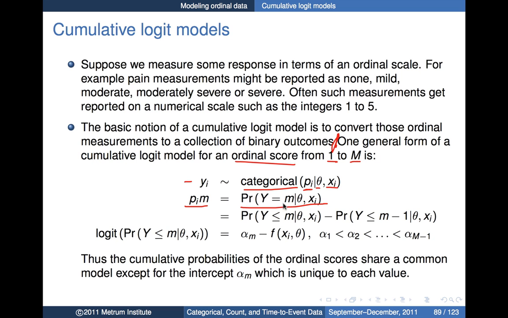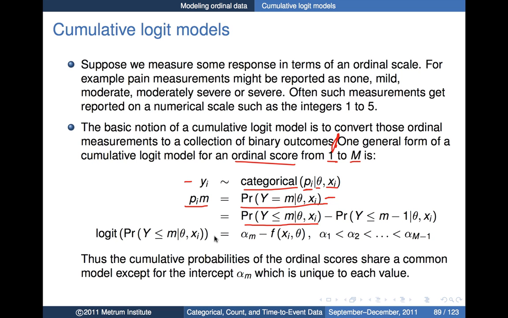But we can also write that same one as the difference between probabilities written in terms of inequality. So we'll talk in terms of the probability that y is less than or equal to m, minus the probability that y is less than or equal to m minus 1, and that equals the probability based on the equality.